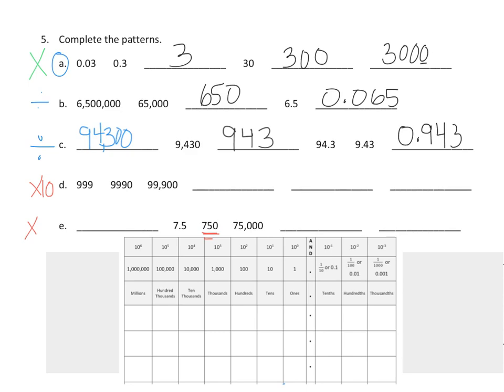And then 75,000, we added 2 zeros to 750 to get 75,000. So adding 2 zeros means we multiplied that by 100. If you wanted to go ahead and fill the patterns in, feel free. But we just kind of analyzed the pattern and figured out what we multiplied the number in the pattern by, either 10, 100, or 1,000. And that ends lesson 3 problem set.